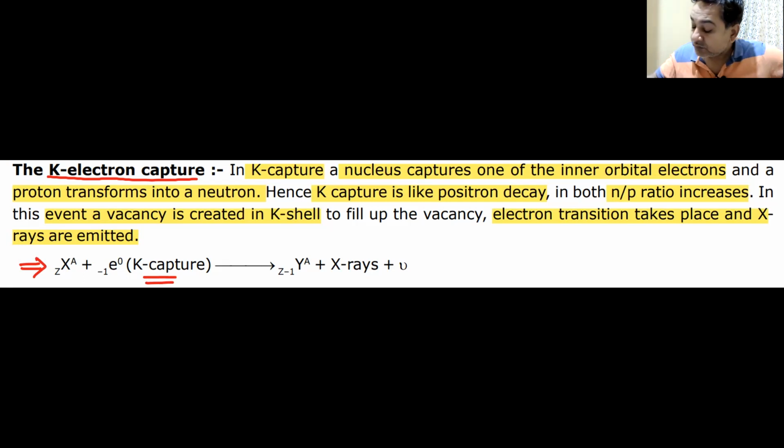Yes, sir. And here a proton gets converted into a neutron. Therefore, the atomic number decreases by 1. Do we understand this? Yes, sir. Then we have these radiations coming out. From where are these X-rays coming?